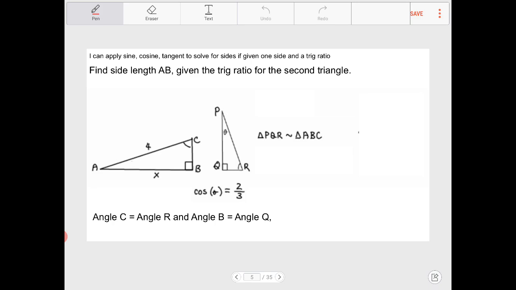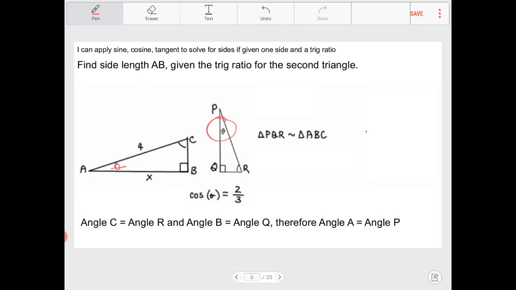If they are indeed similar, then you can also establish that angle A and angle P are going to be the same, that this angle over here must also be theta because this angle over here is called theta. Recognizing this as being the case, and I know that cosine theta is equal to PQ over PR, this is also going to be equal to AB over AC.